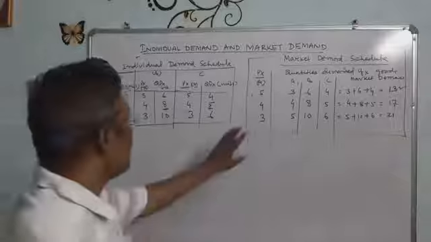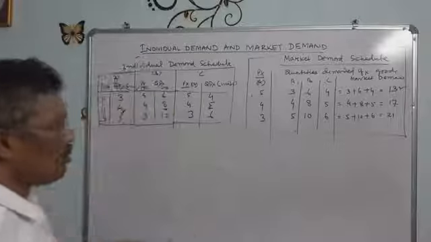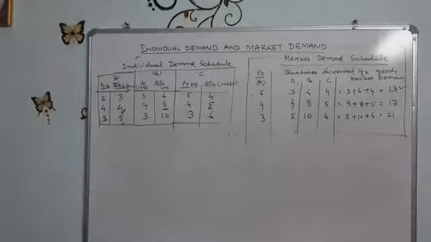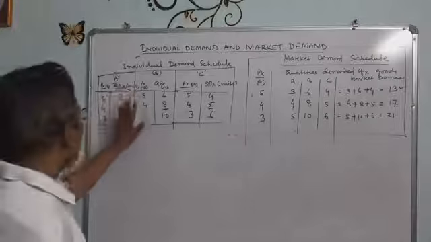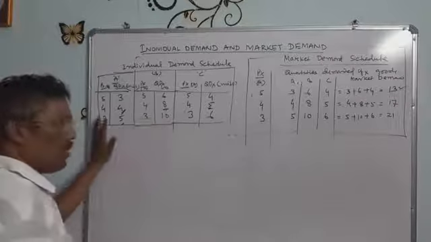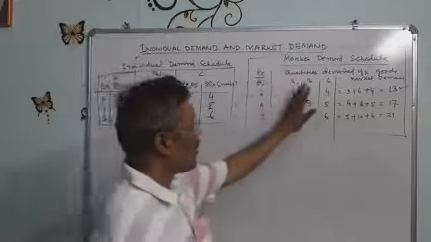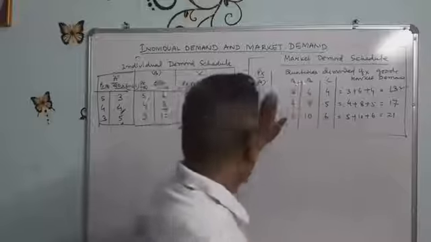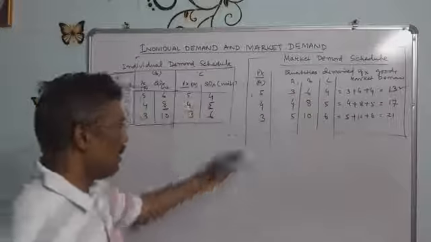Now, what is the difference between individual demand schedule and market demand schedule? In an individual demand schedule, different quantities are demanded by an individual at different levels of price.